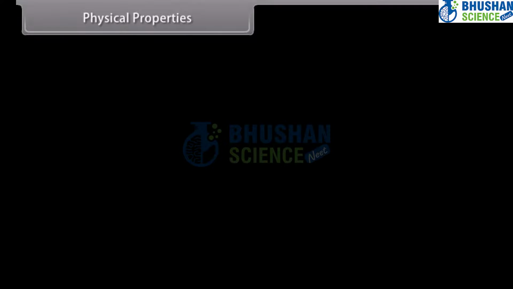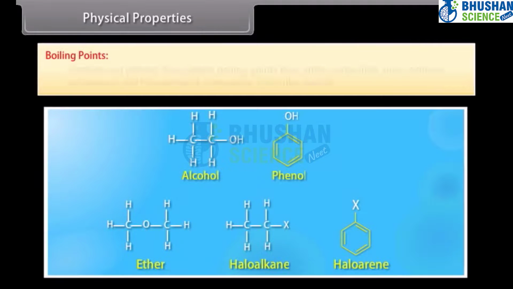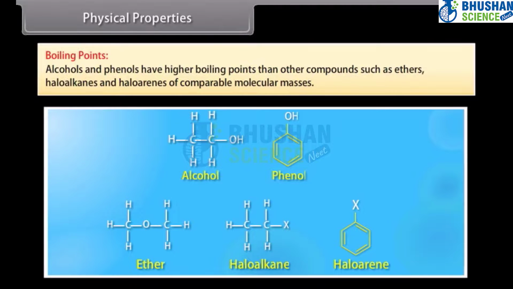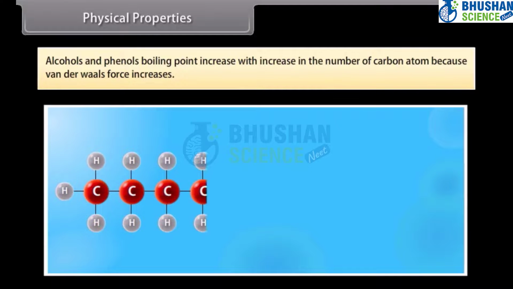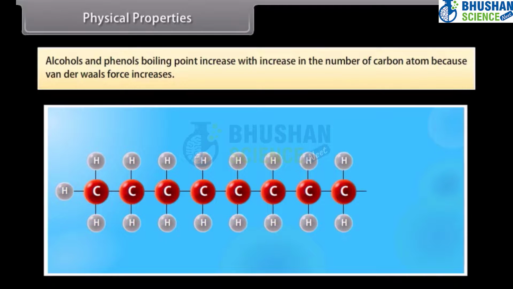Physical properties. Boiling points. Alcohols and phenols have higher boiling points than other compounds such as ethers, haloalkanes and haloarenes of comparable molecular masses. Their boiling points increase with increase in the number of carbon atoms because van der Waals force increases.